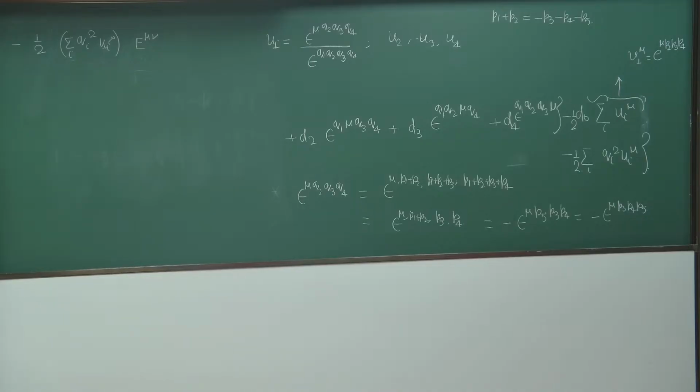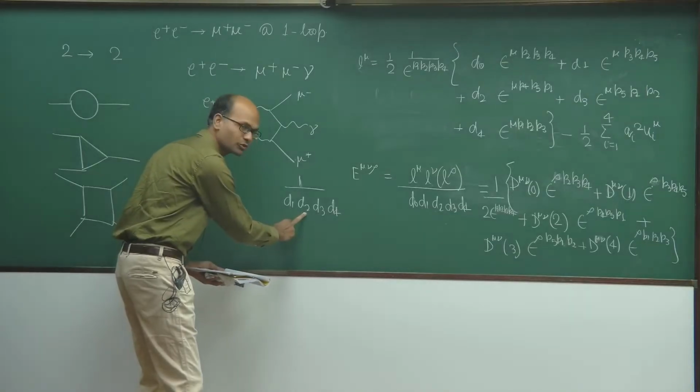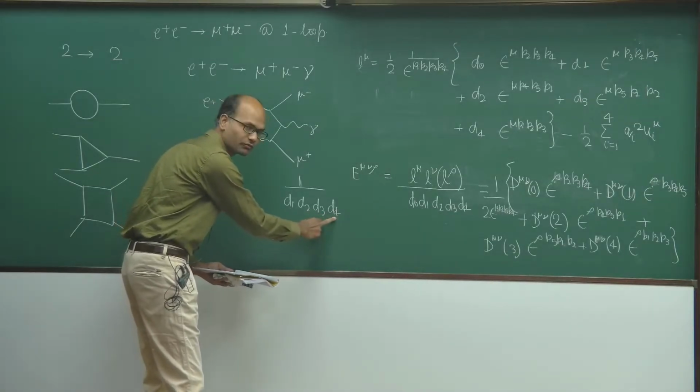Point number 1. Second, if I look at this term, in this term the zeroth propagator is gone. Therefore, what I am left with is D1, D2, D3, D4. This has L plus Q1, this has L plus Q2, L plus Q3, L plus Q4.